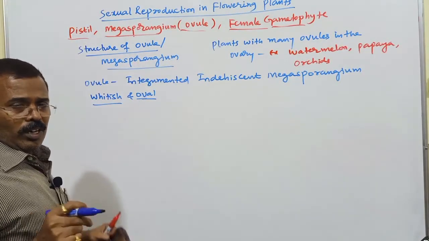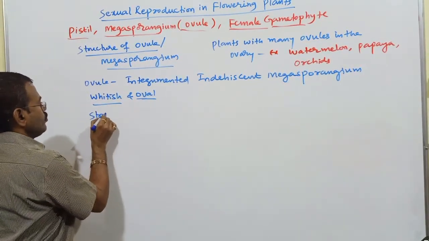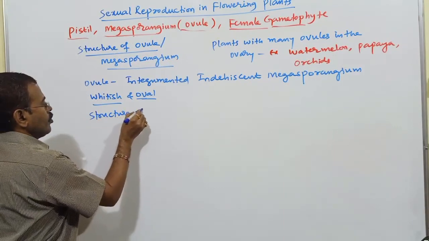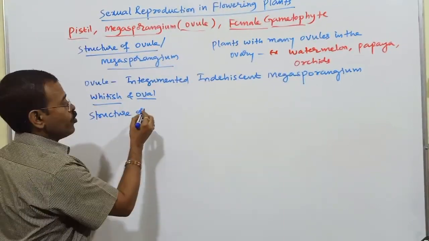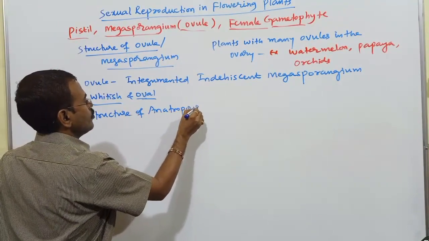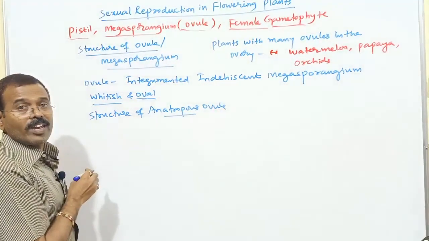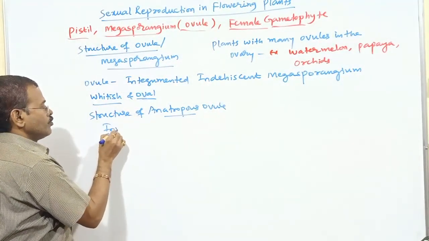Here we have to learn mainly the structure of the anatropous ovule. It is also called an inverted ovule.